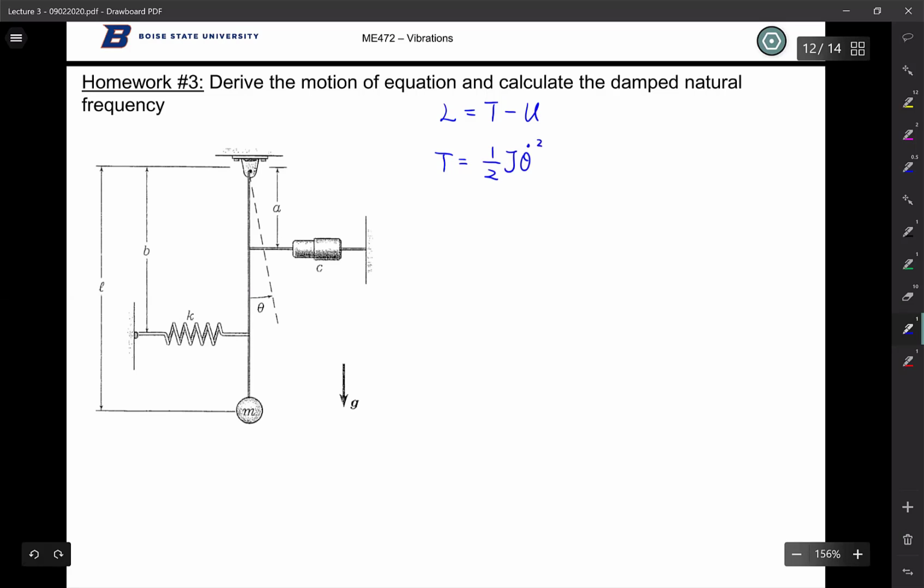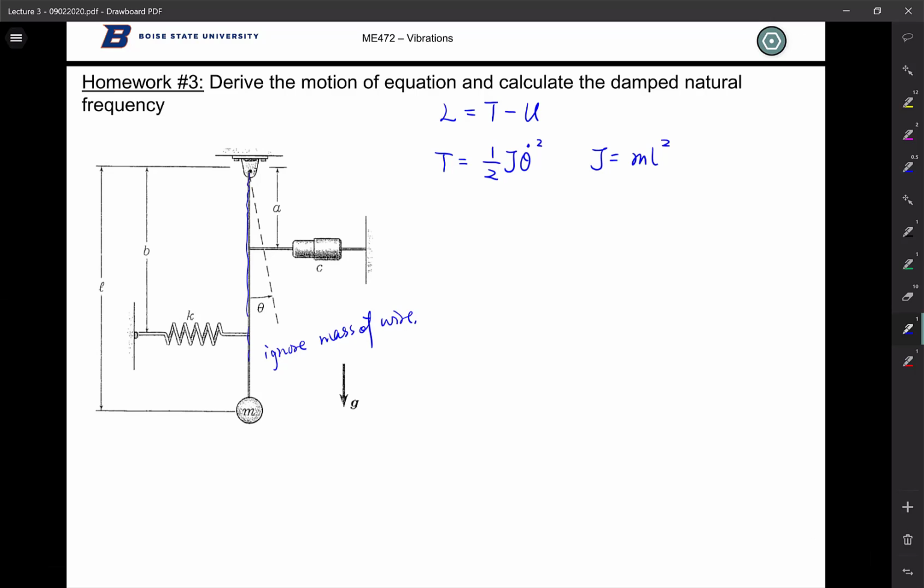And then what is the J? We can ignore the mass of this wire. J is just simply a mass dangling around a joint, and the distance is L.